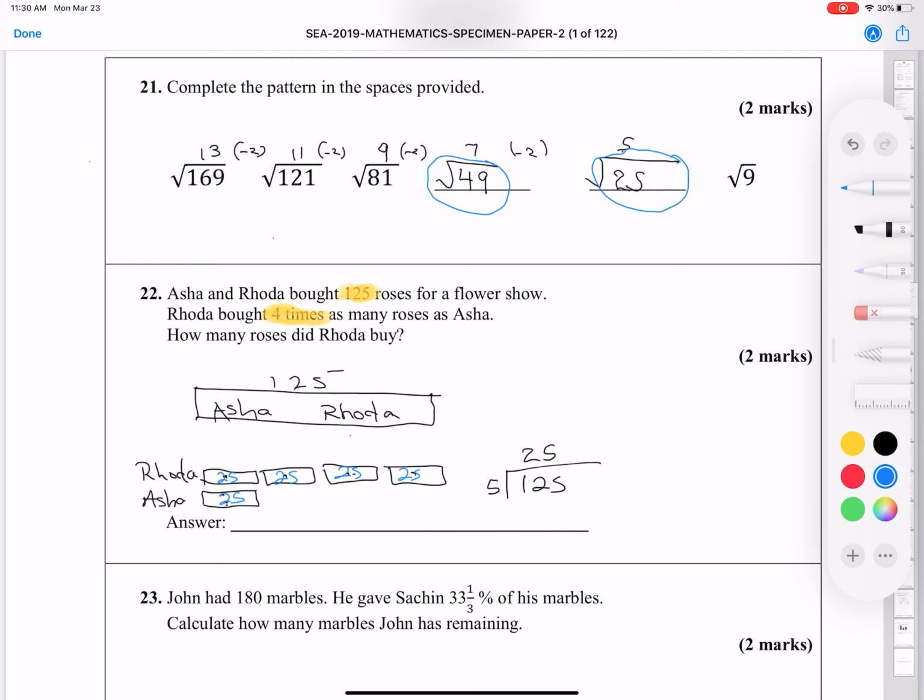Therefore, to find the number of roses that Rhoda bought, it's 25 once, 25 2 times, 25 3 times, 25 4 times. 25 times 4 equals 100. Rhoda bought 100 roses.